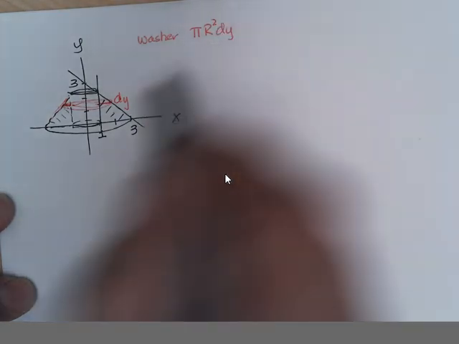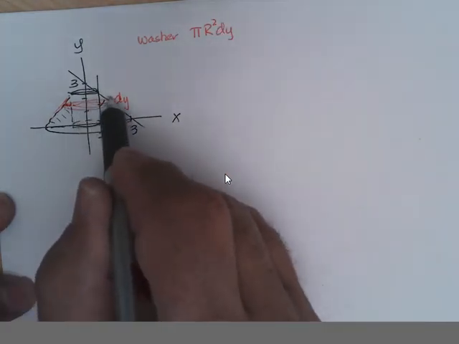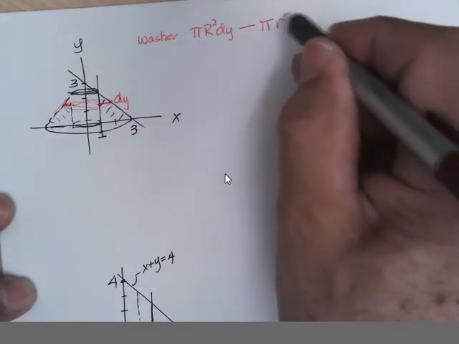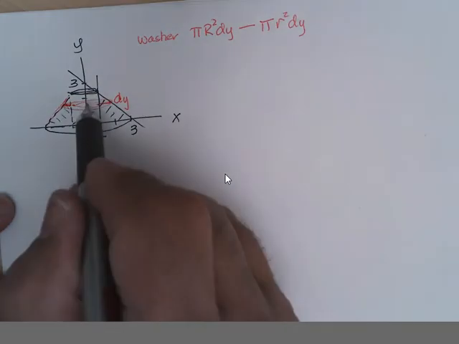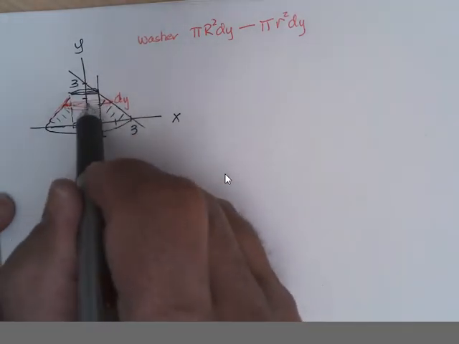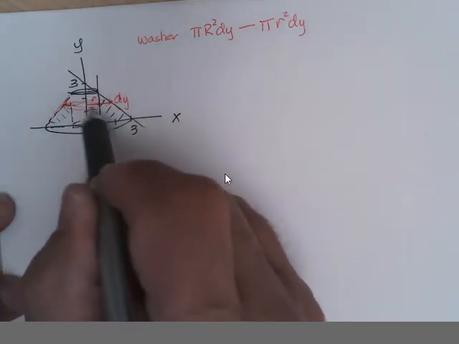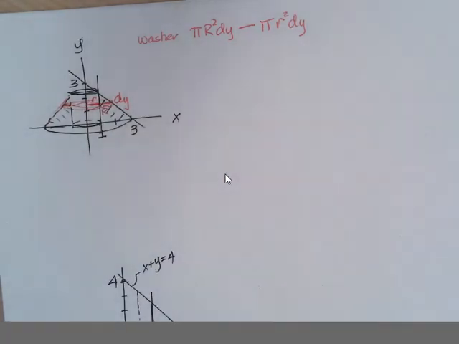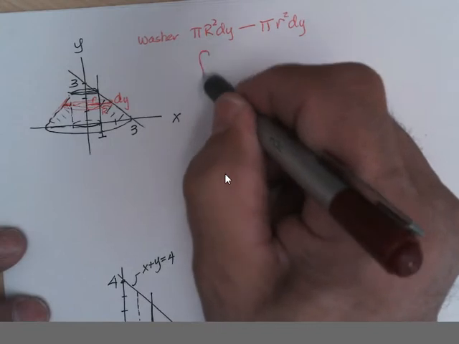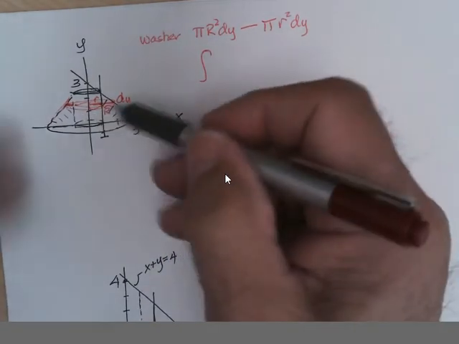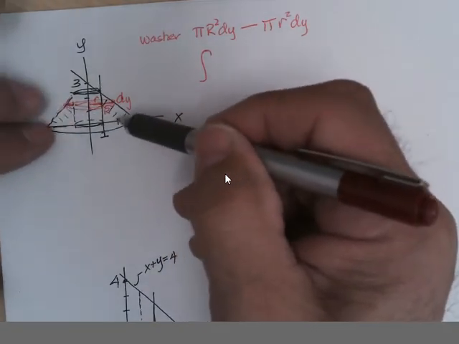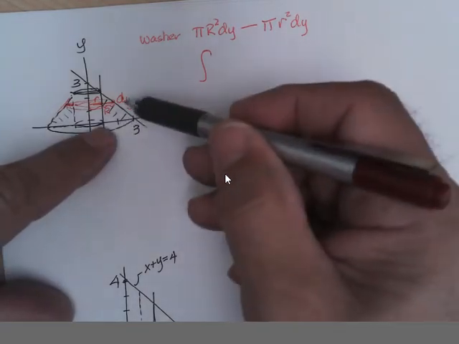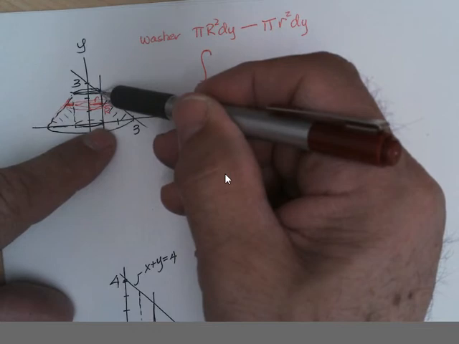for the large cylinder, where r, that's the large R, minus the hole, which is going to be pi r squared dy also, but in this case, this is the small r, and this whole thing is the large R. And then we're going to add up all these disks that make this shape, this holey cone, and we're going to add them up from y starting down here clear up to 2.